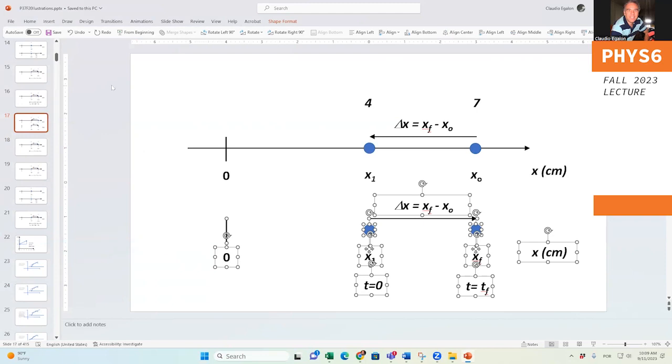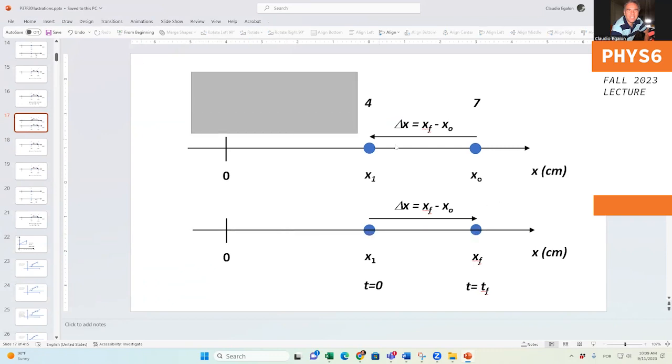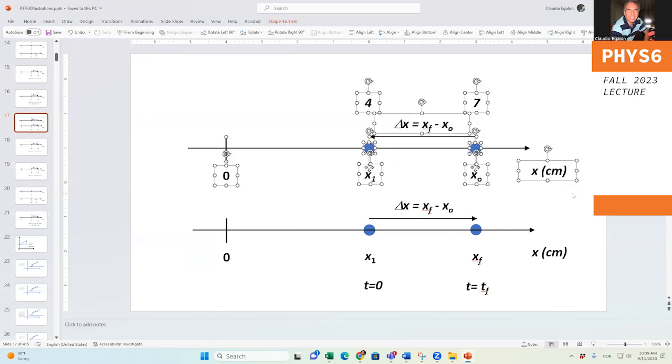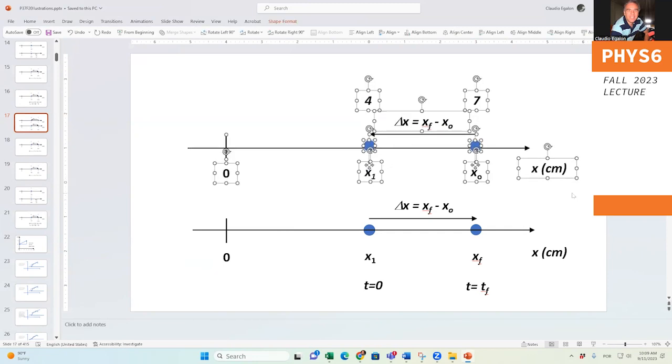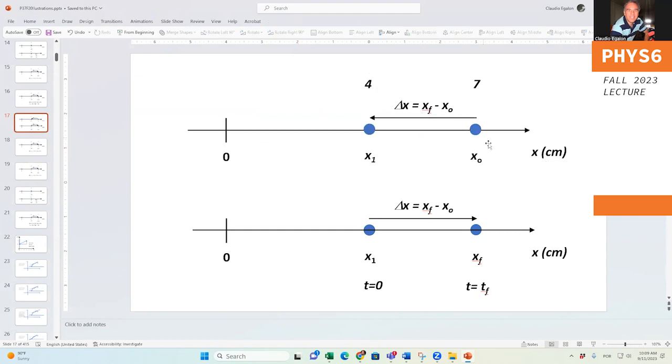Move a little bit up. Okay. Like that. So the particle is initially here at this point, 7 centimeters, moved to the left position, and now I'm calling X1. Okay.